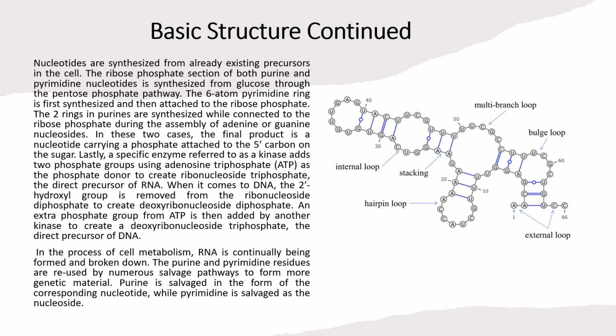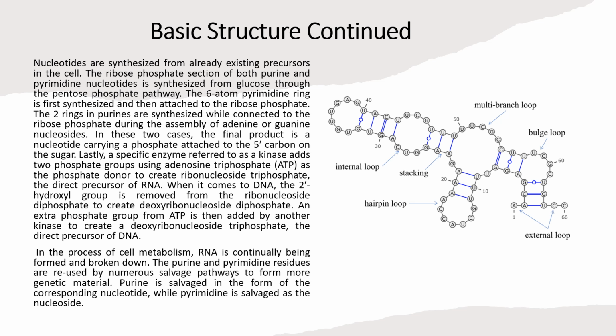The 2 rings in purines are synthesized while connected to the ribose phosphate during the assembly of adenine or guanine nucleosides. In these 2 cases, the final product is a nucleotide carrying a phosphate attached to the 5 carbon on the sugar.